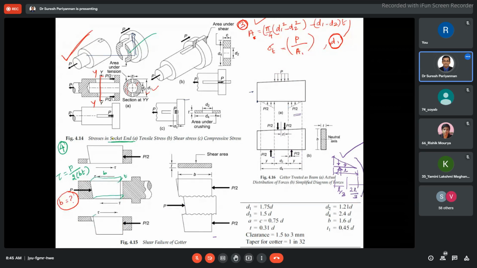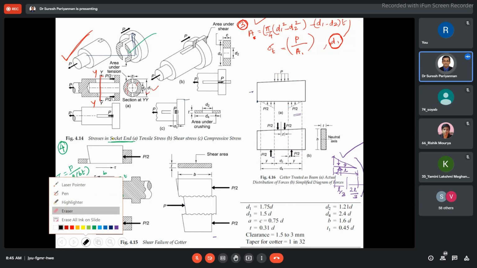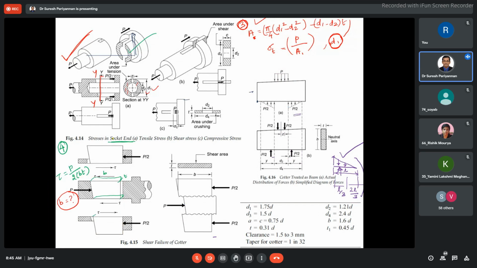Now, taking moment about the center. See here, bending moment. What is bending moment? I'm taking the bending moment with respect to the center. This is the top force, right?